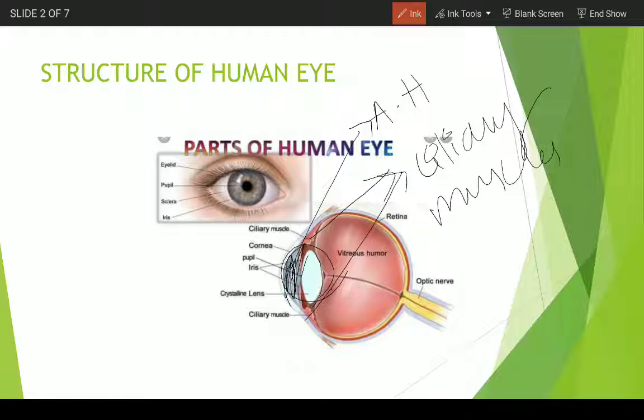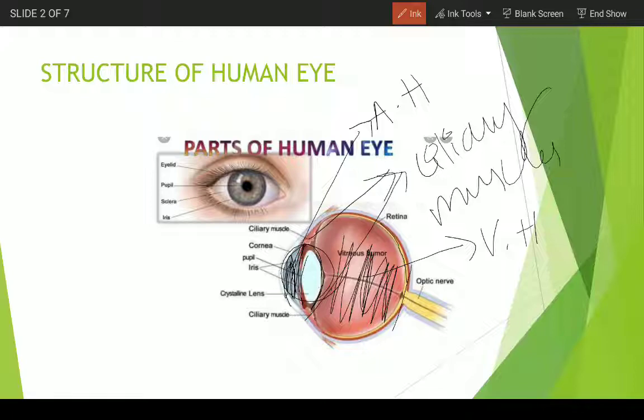And between the lens and retina, this portion is known as the vitreous humor, denoted as VH. What is the function of aqueous humor? It helps in the functioning of the eye properly. And vitreous humor keeps the eye wet.